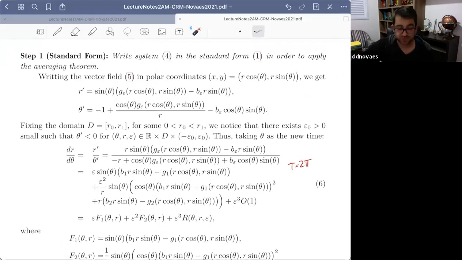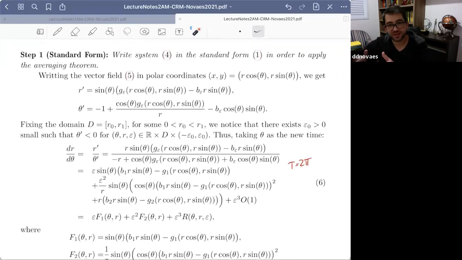So step 1 is not just to apply a polar coordinate transformation. It is to apply some transformation in order to transform your system into the standard form for applying the averaging method. This can be a hard task to do.